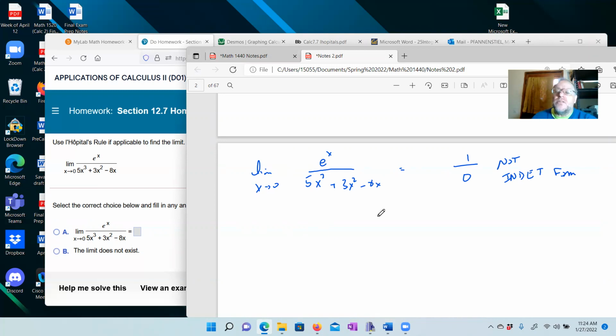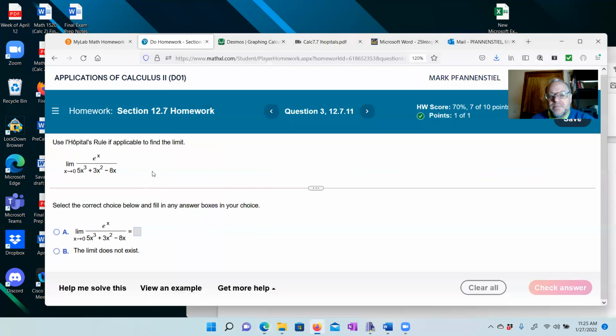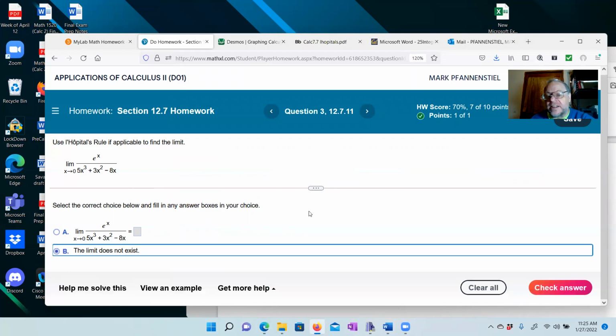What's going to happen is, as x goes to 0, e to the 0 is 1. It's bounded, so this is a maximum of 1. Whereas the bottom is getting very, very small, and 1 over a very, very small number goes off to infinity. So again, it's not going to work. It's not L'Hopital, so we're just stuck with it does not exist, because it's kind of like 1 over x.